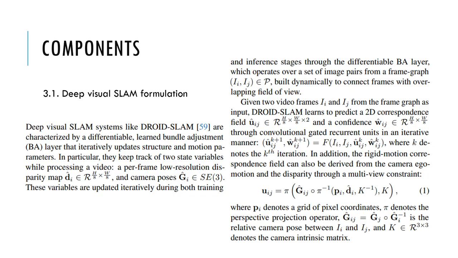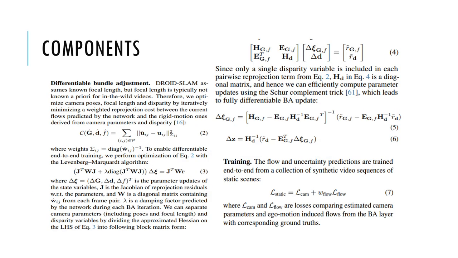So we get the rigid motion correspondence field derived from ego motion as the disparity, u_ij equals phi of G_ij, phi inverse, pi, d, K inverse of K. Here pi is a grid of pixel coordinates, pi denotes perspective projection, and G_ij denotes the relative camera pose between the i and j frames.